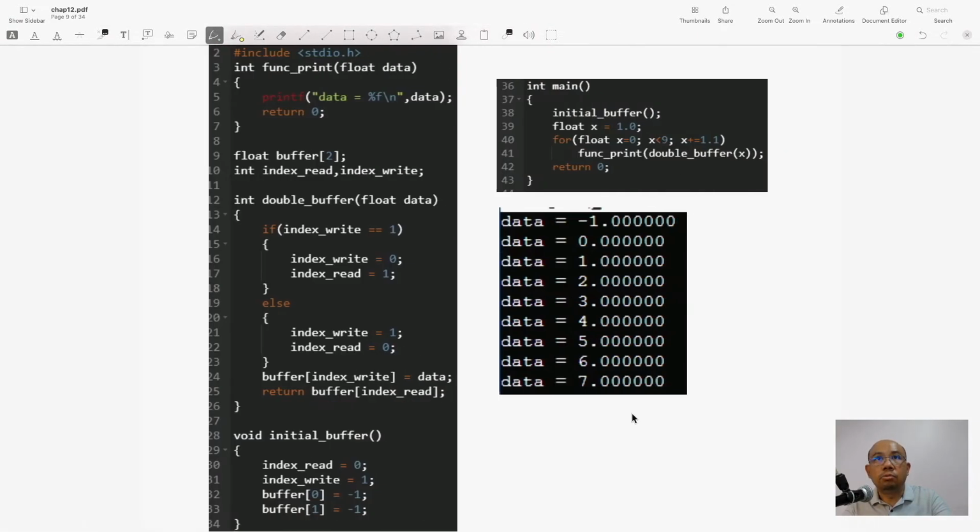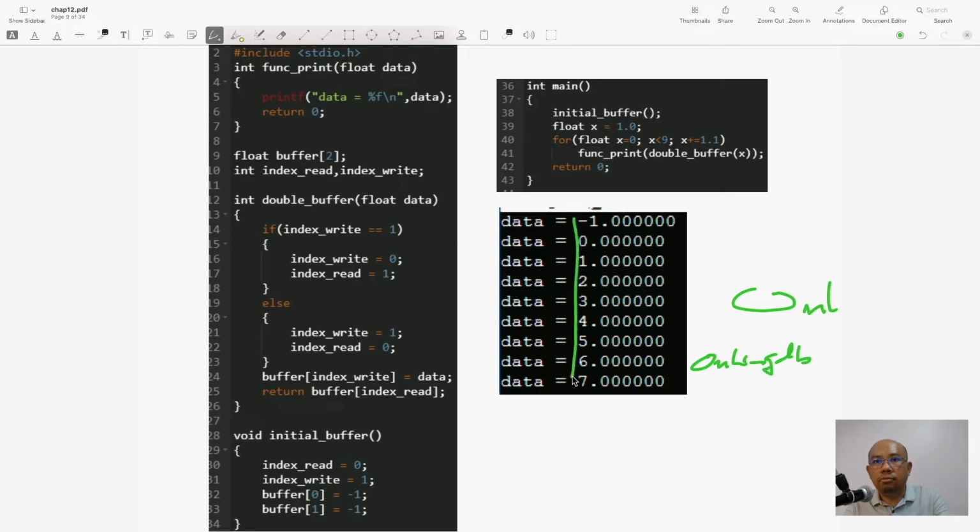I developed this to show you the double buffer. You can write this code on the online GDB website, writing in the C++ language. After you run this code, this is the output.